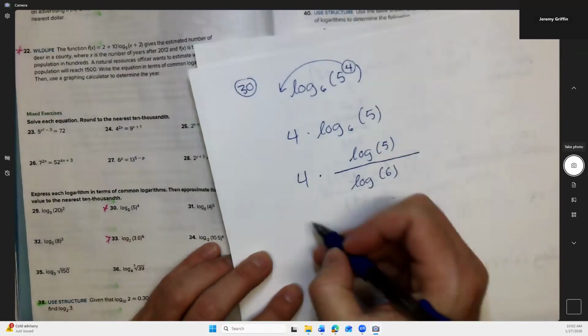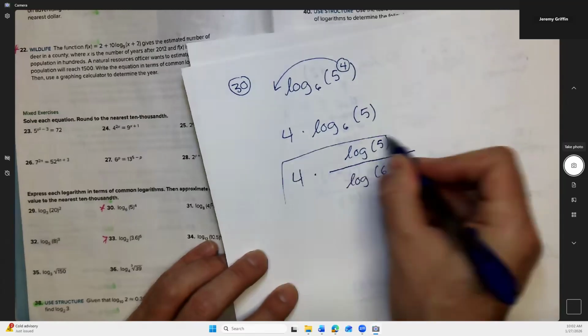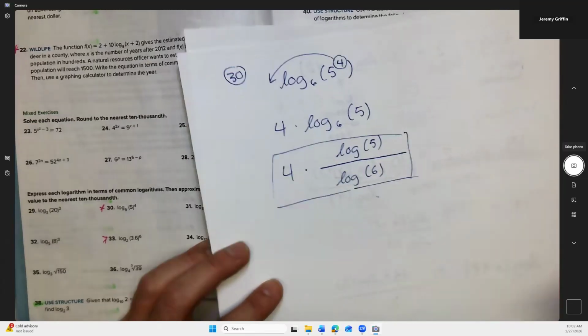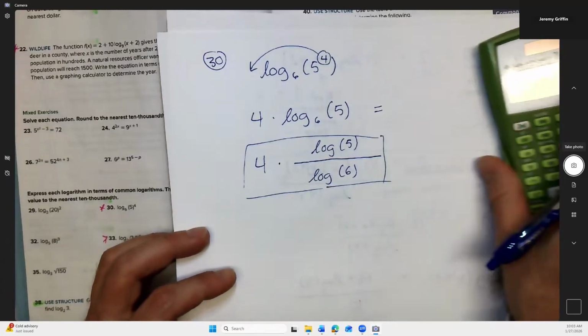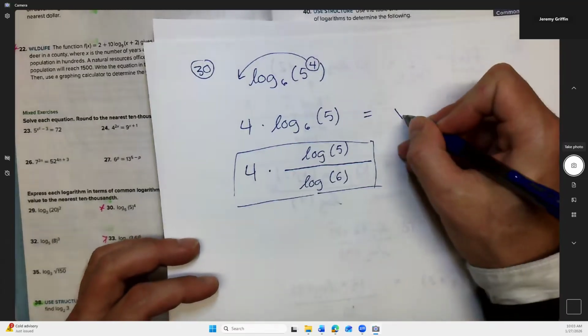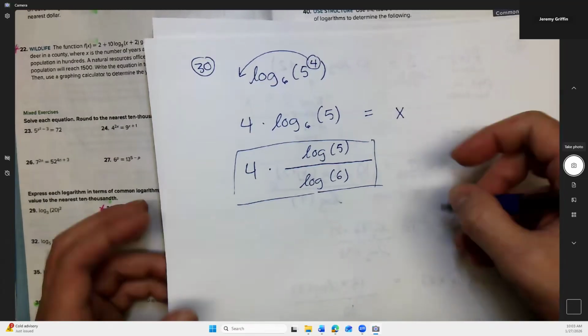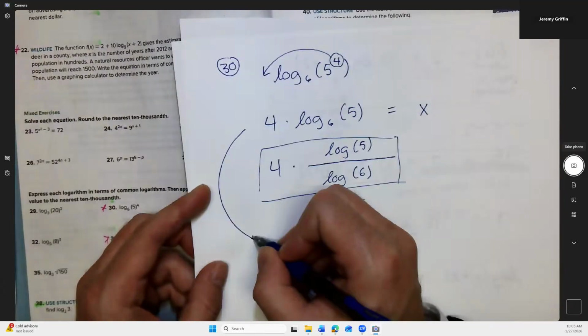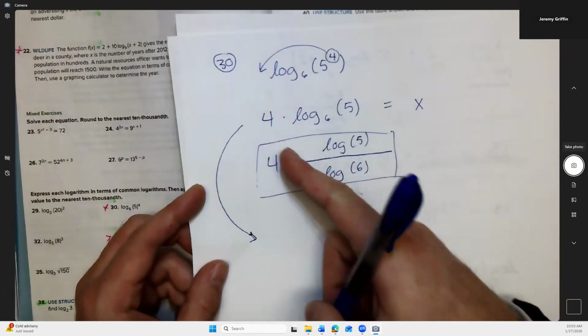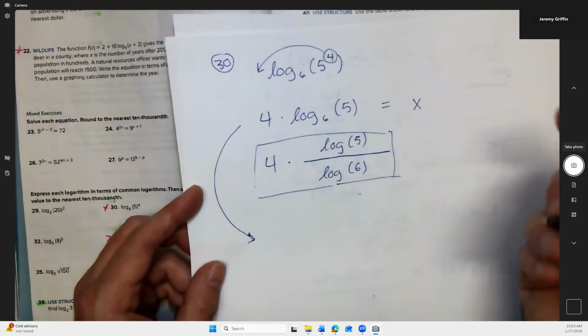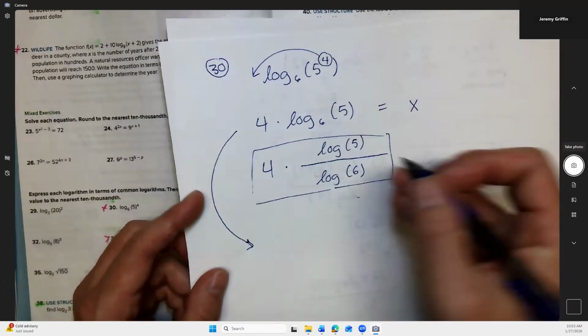Wait, wouldn't it also be like 6 to the power of 5 equals whatever? Well, what you're thinking of is, if I set this equal to x, and what if I went about this a different way? See, this is already set up to solve, so really I just need to convert it.